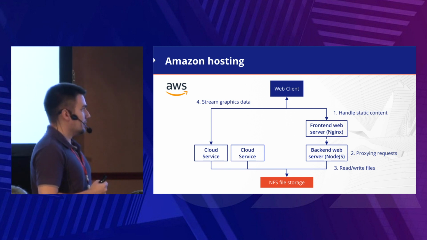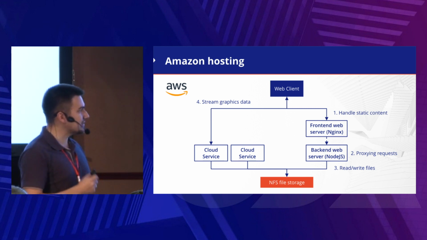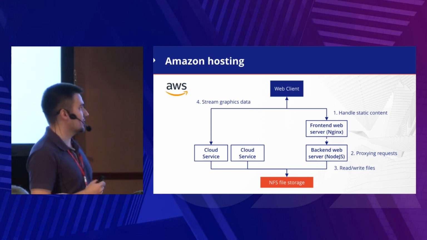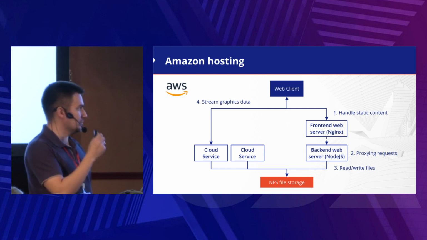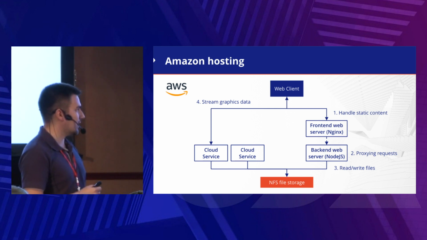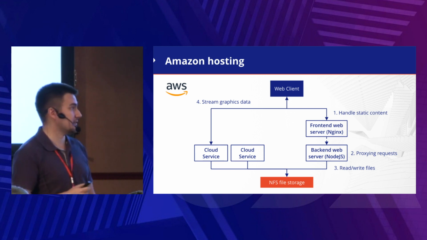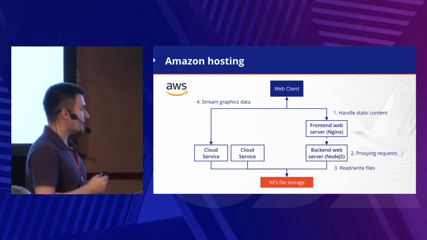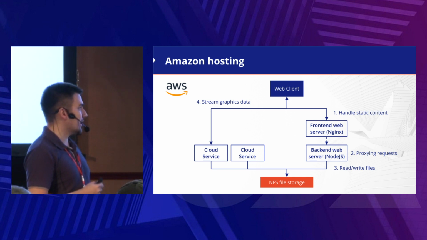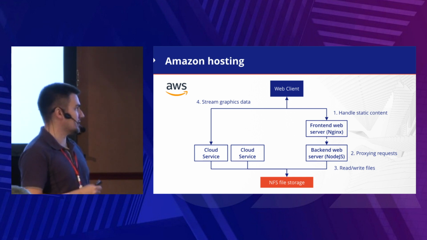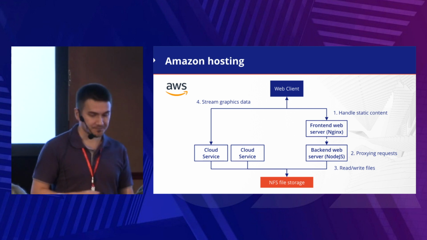It stores them on our third instance, which is network file system storage. The same instances are used for cloud services, where we currently have 2 instances able to open these files and stream geometry data to the client side. Besides that, the client application can execute specific requests on such instances.